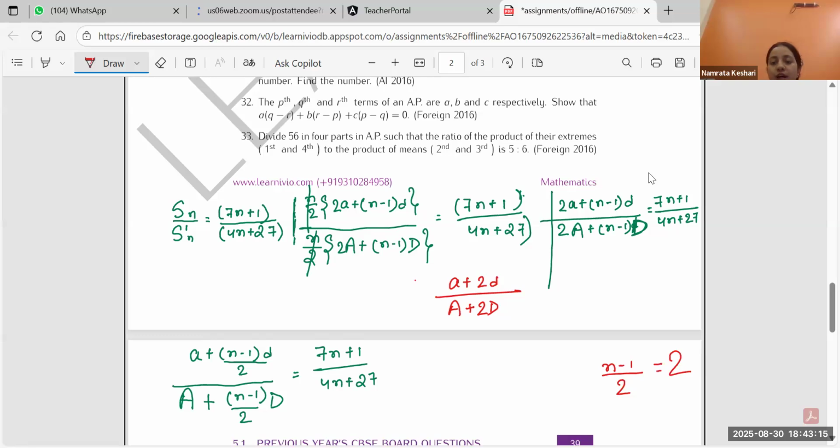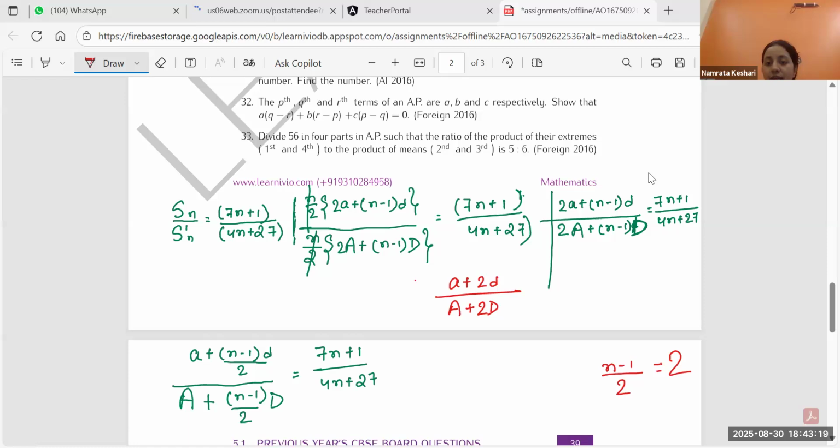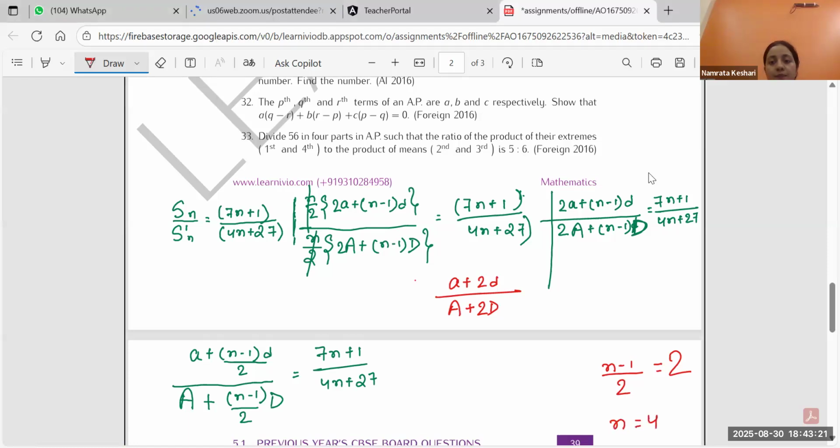When you simplify, you will end up getting the n value. You will be getting n as 2 times 4 plus 1, n will be 5. When you drop this n value 5 on the left hand side, it will be a plus 5 minus 1 by 2 d over a plus 5 minus 1 by 2 d.